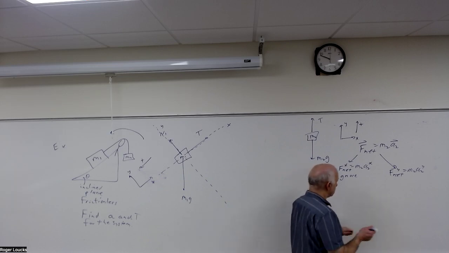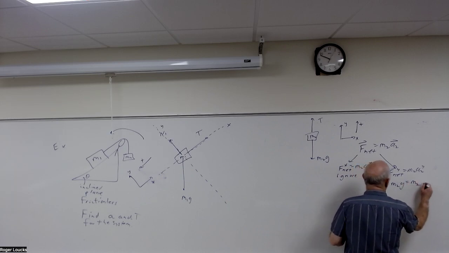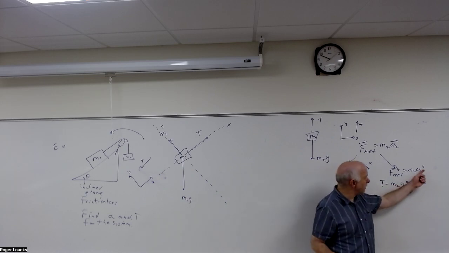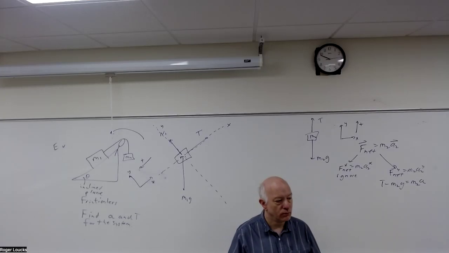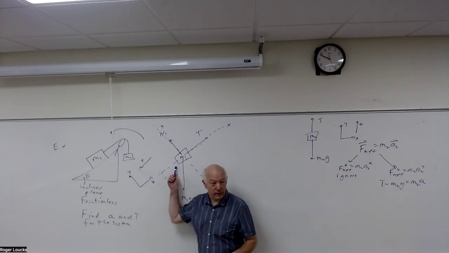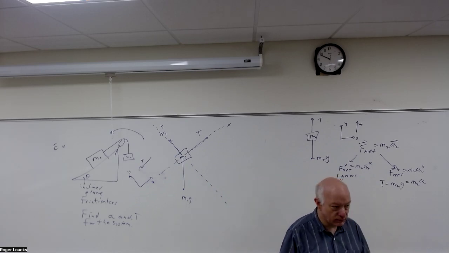So this one here is going to be T minus M2G equals M2A. Now, why am I suppressing the 2 here and the Y here? Because the acceleration of object M2 is going to equal the acceleration of object M1. That's why I'm going to suppress. I don't have to include those. Does that make sense?